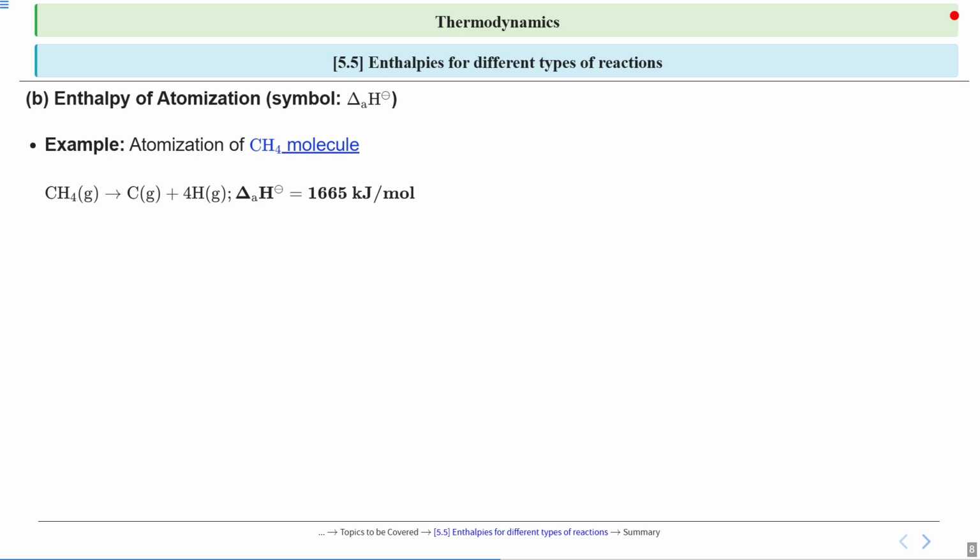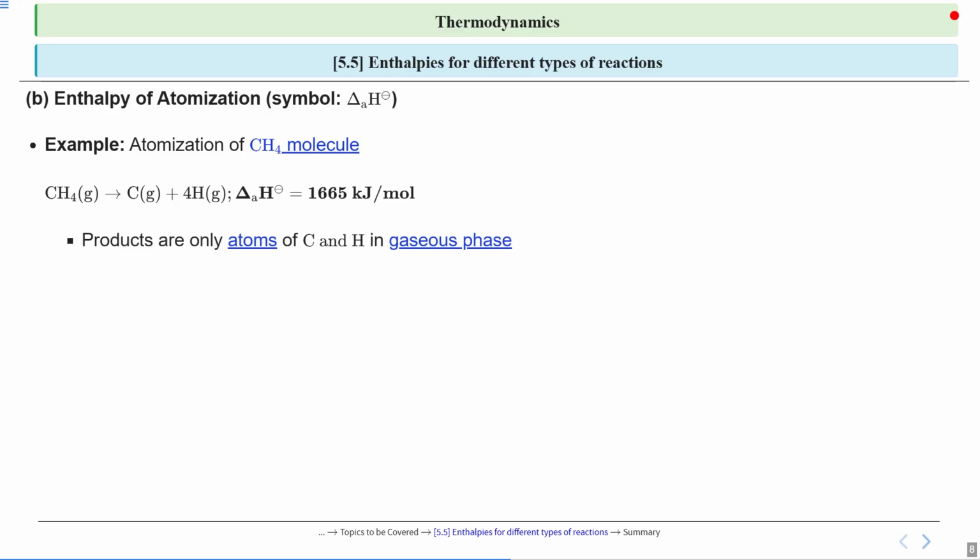Got it? Now, when it atomizes, what will it give? It will give 2 things, carbon and hydrogen. Carbon will have a coefficient of 1 because only 1 carbon is present on the reactant side, and hydrogen will have a coefficient of 4. And the process requires a heat of 1665 kilojoule per mole.